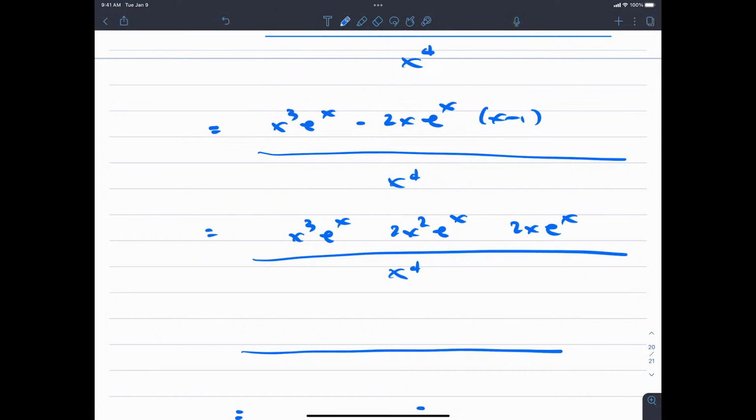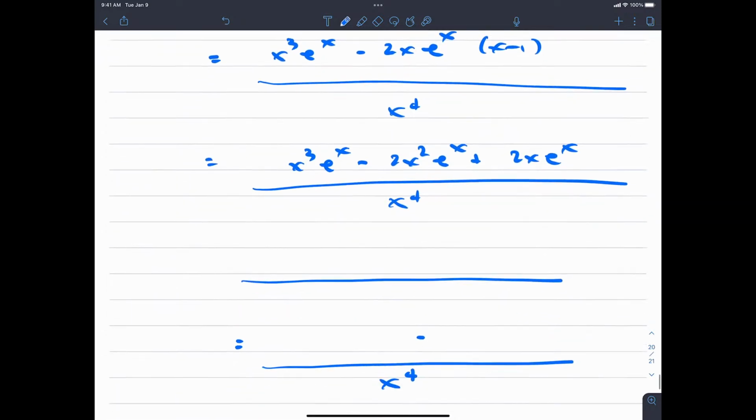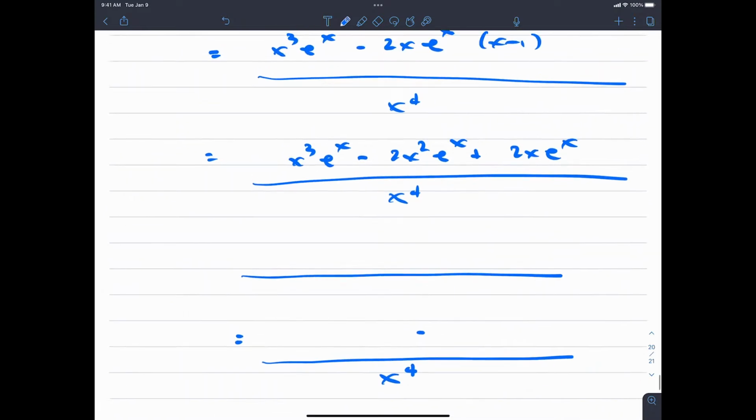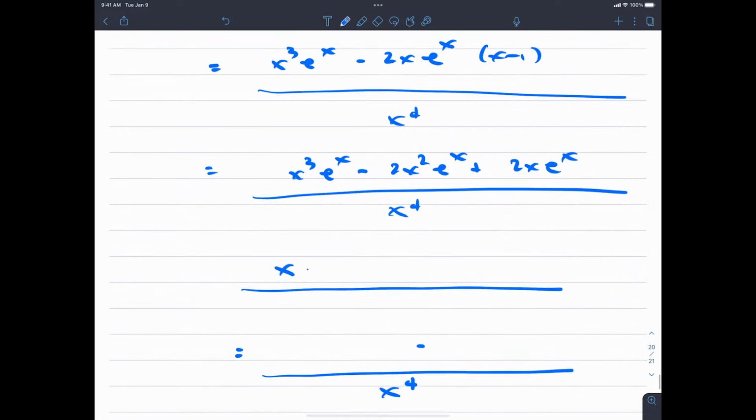Here we go. So minus the 2x squared plus. Minus 2x squared e to the x plus 2x e to the x. Can we factor anything out here? Can we combine any terms? What do we get? Factor out the x e to the x, and what do you have left? x squared minus 2x plus 2. Is that true?